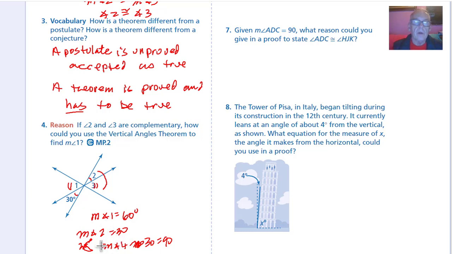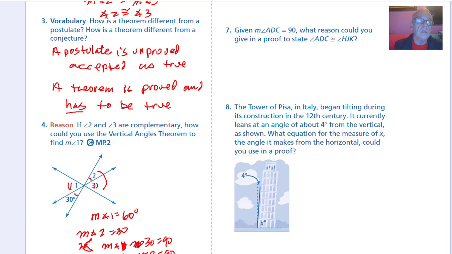And then we also have measure angle 2 and measure angle 3 equals 90. So if 2 and 3 are complementary angles, then angle 1 and the 30 degree angle are also complementary angles, because these two are vertical angles and those two are vertical angles. So these must add to 90 if those add to 90. And 90 take away 30 leaves 60.